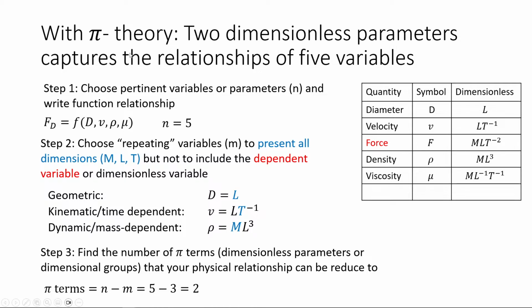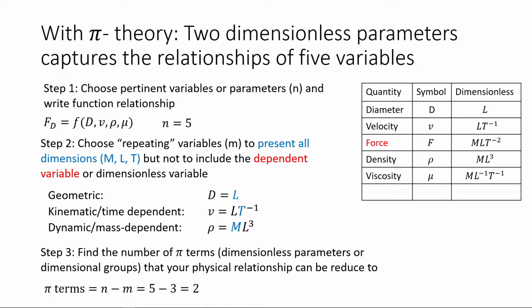We talked about using the pi theory. If you have five variables, so n is equal to 5, then you will have two dimensionless parameters. That's usually the rule. If you have six variables, then you will have three dimensionless parameters, three terms.